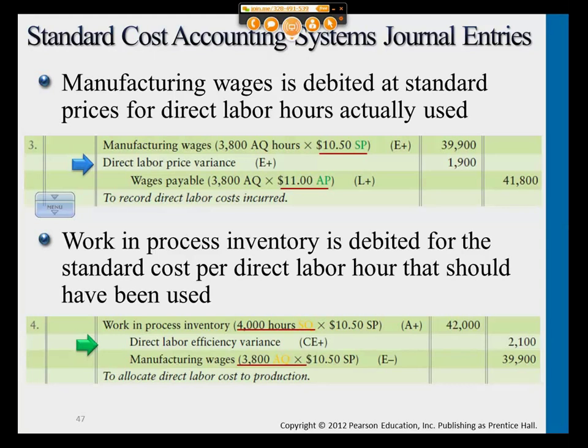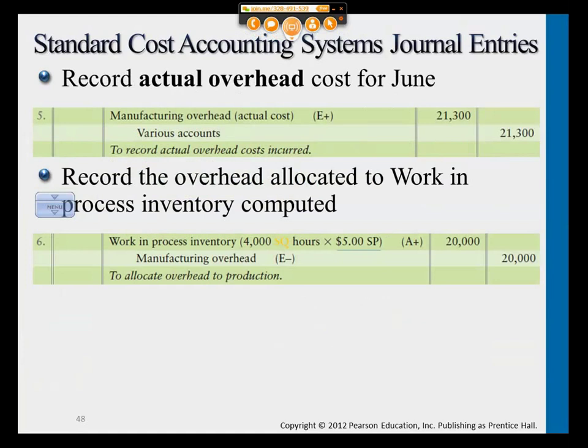Direct labor efficiency variance is the difference between your standard quantity and standard price and the actual quantity and the standard price, right? See, that's the same formula right here. So you're calculating your direct labor efficiency variance. So in this case, we're crediting 2100. All right. Are we done? No, we're not. There is more coming.